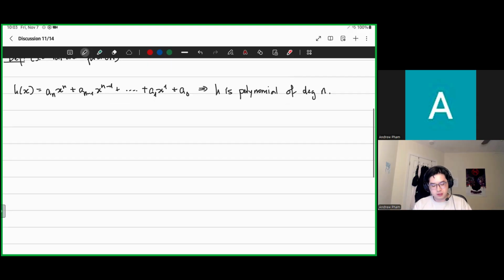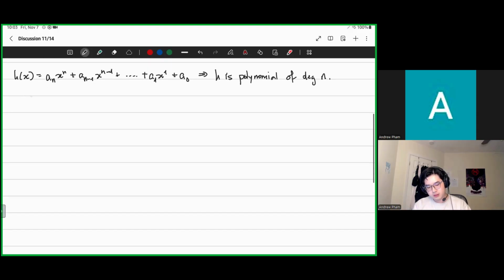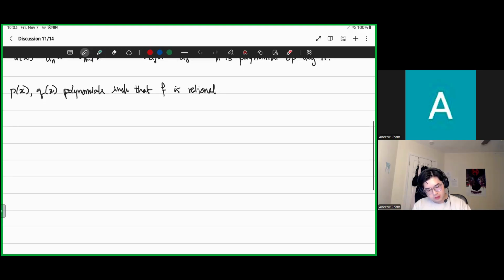We need this because to define a rational function, take any p of x and q of x to be polynomials such that f is rational if I can express f as the ratio of these two polynomials.